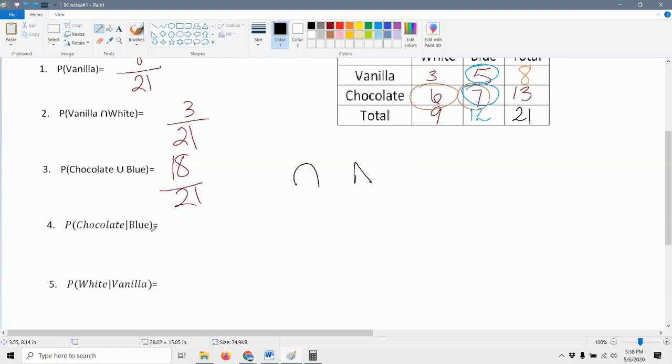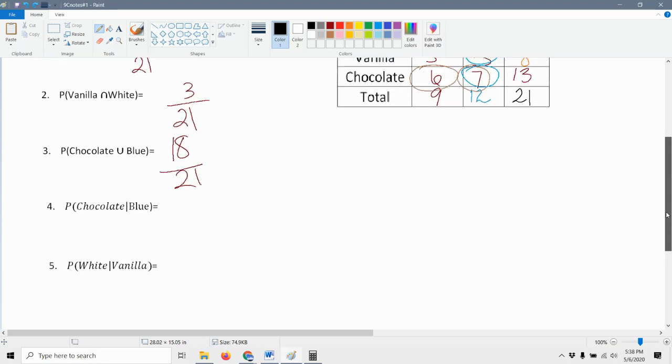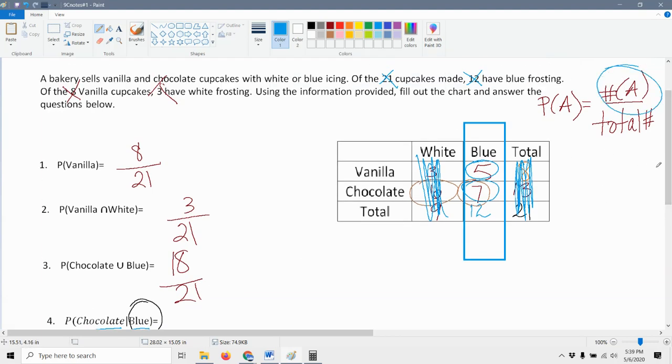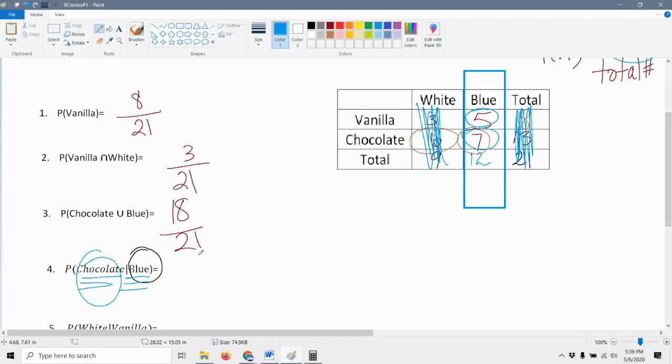Conditional probability. What that means is that instead of looking at our whole sample space, now we're just going to look at this second category for information. So whatever that second category is, that's the only information we're going to look at now. All that other information we have to ignore now. Okay? So for finding the probability of chocolate given blue, just like we did with regular probability, we're going to find the number in that category, meaning the chocolate category.